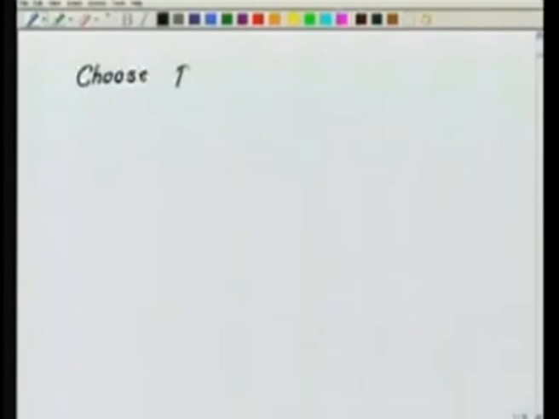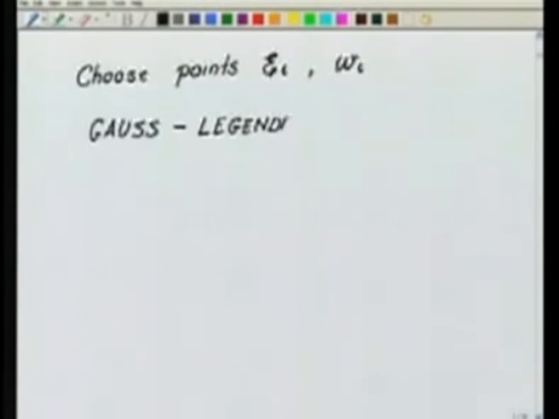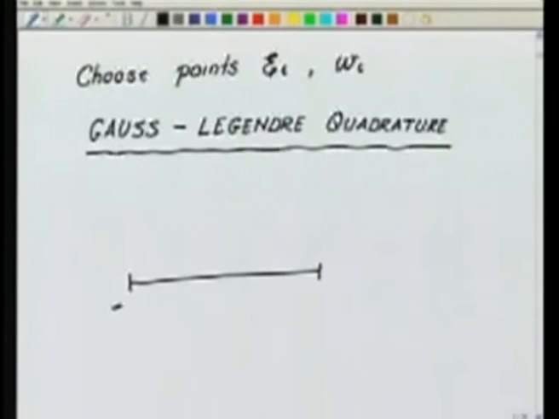So now the question is, fine, how do we choose the points psi i and the corresponding weights wi? What we use here is the so-called Gauss-Legendre integration rule. What is the basic idea? I have my master element spanning from psi equal to -1 to psi equal to +1.